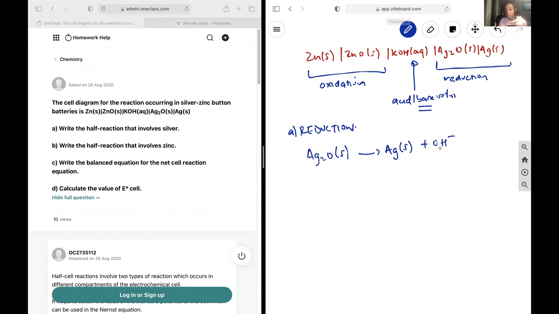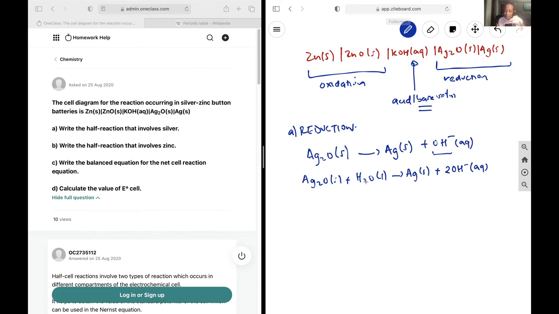Next up, we'd like to balance our hydrogens. And so we see that we have one H here, but no H on the other side. And so we'd add H2O. And then we're going to multiply this by 2 because here we have 2 in the H2O. And so 2 OH minus in aqueous solution.